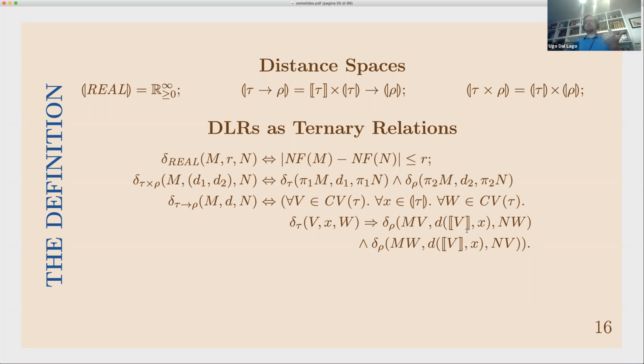In the case of ordinary logical relations, this is 0 and this is 0, right? But here you not only want to take into account that the two inputs can be far away from each other, but also that M and N can have outputs which are very far away, or very close, depending on the identity of P.